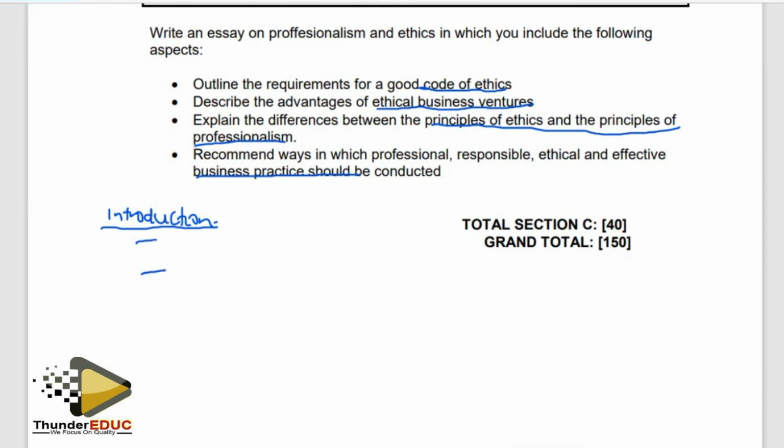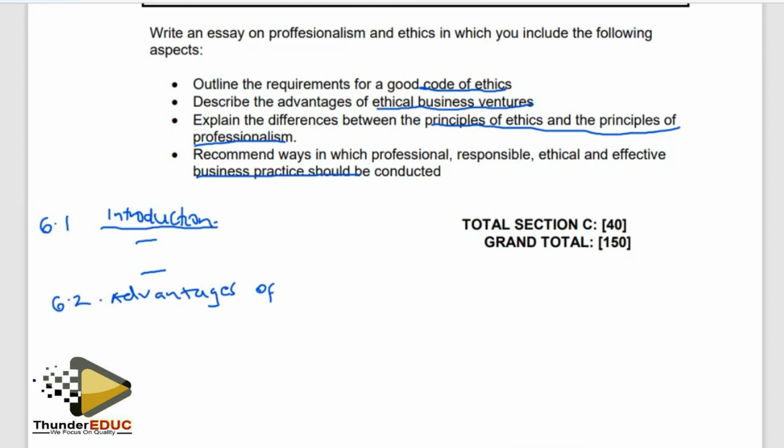Then you come, this should be question 6. This should be your first heading 6.1. Then 6.2, at least say the advantages. We give advantages for the body now. Actually it's not advantages, sorry.